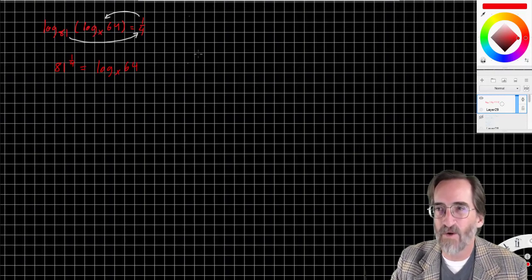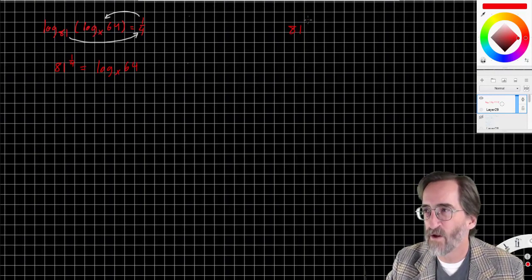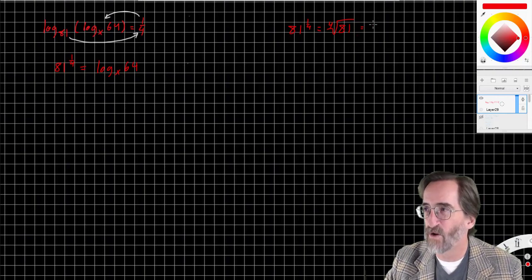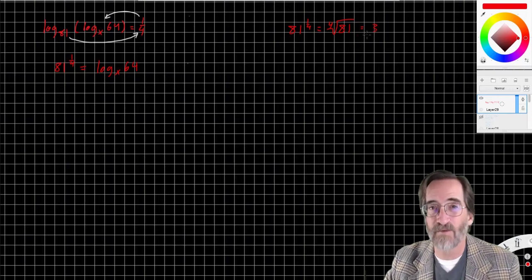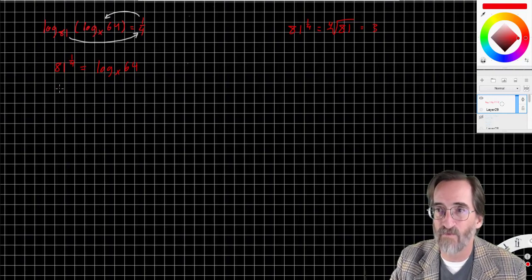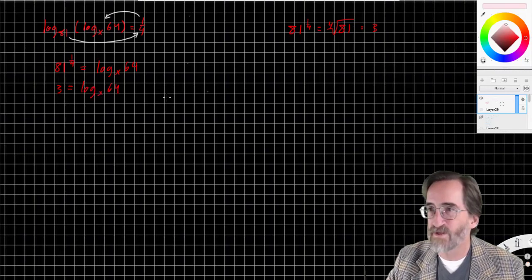Now 81 to the 1/4 is the 4th root of 81. So what number to the 4th power is 81? Well, 3 times 3 times 3 times 3 is 9 times 9, or 81. So the 4th root is 3. So 3 equals log base x of 64. Now rewrite this as an exponential.